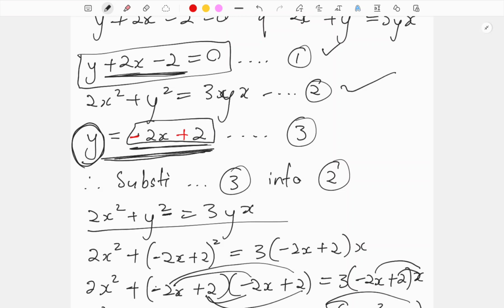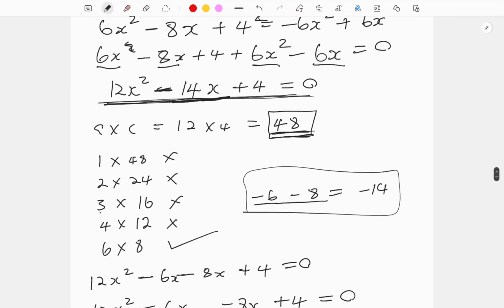The following step is to substitute that equation number 3 into equation 2. It depends on which one you choose to make the subject of the formula. If you choose equation 2, then you substitute equation 3 into equation 1, the one that you didn't use before.